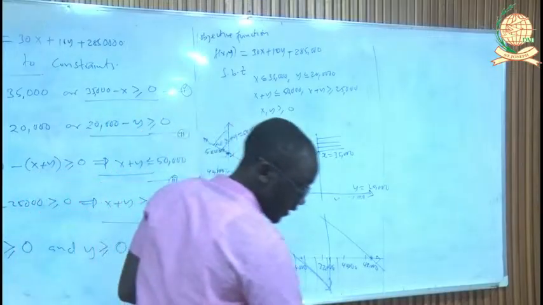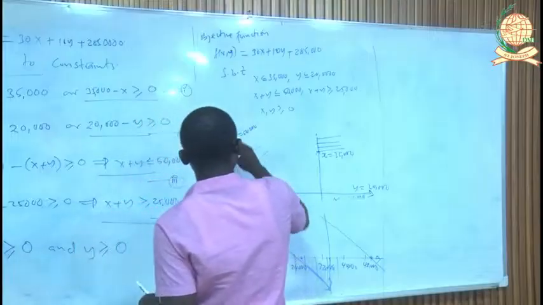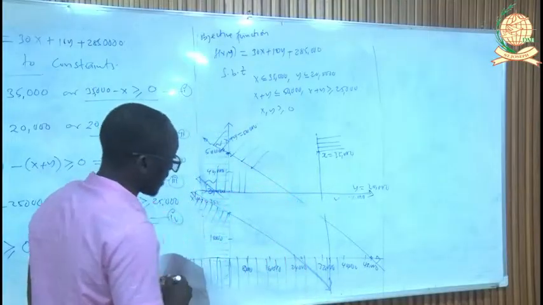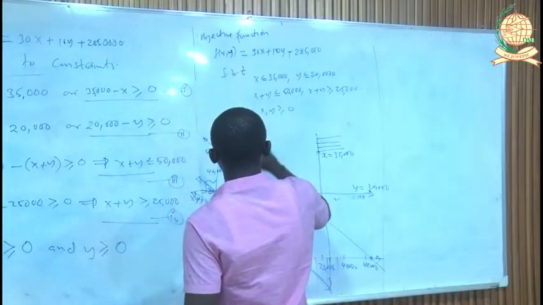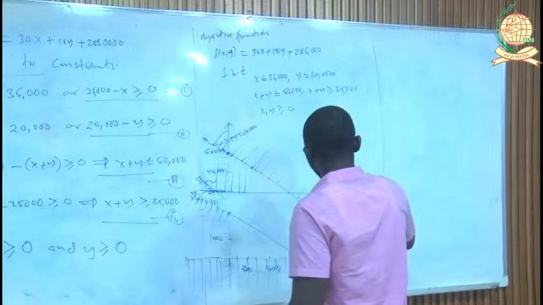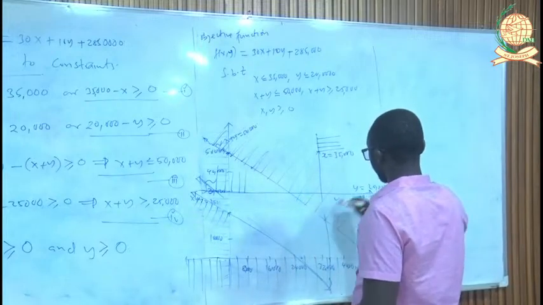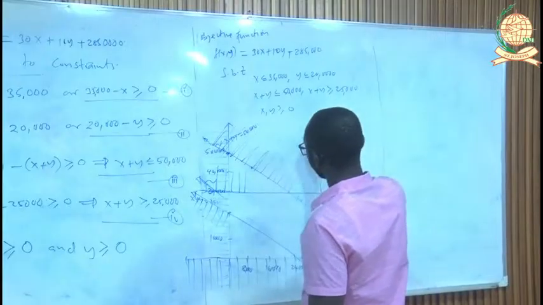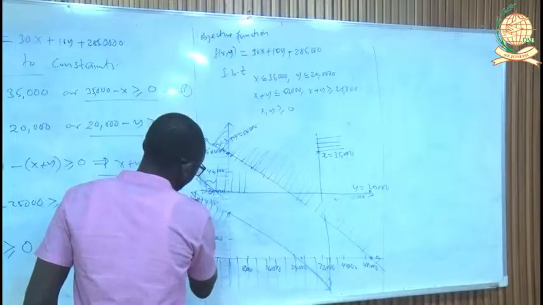So you can see there. Then now I'm going to shade generally my graph how it was. This side was upward this way, and left side this way.